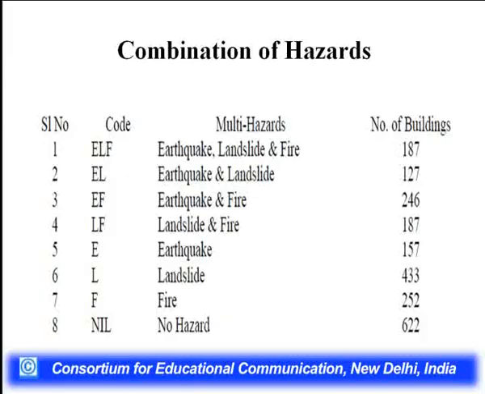Here you can see what they have done. They identified where we have all three, earthquake, landslides and fire, 187 buildings. Where we have only earthquake and landslide, 127 buildings. Earthquake and fire, 246 buildings. Landslides and fire, 187 buildings. You see, such a simple exercise, but this can be done by our students.